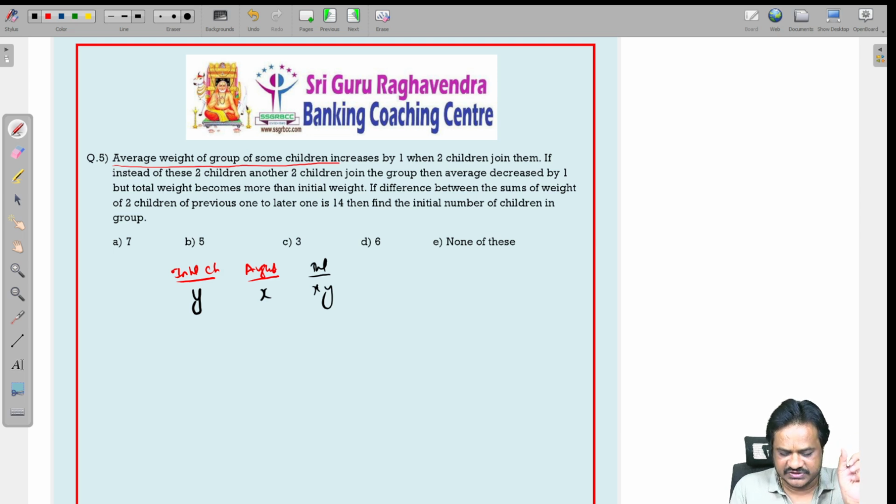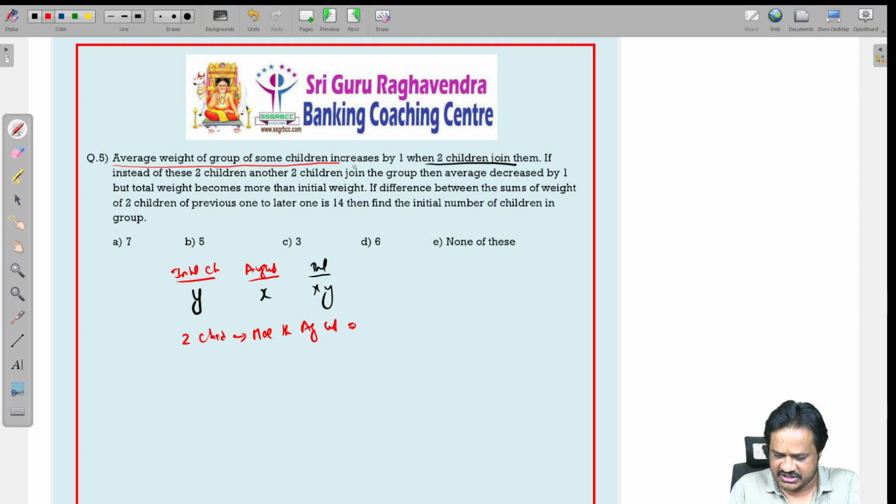Now, here what is given? The average weight is increased by 1 when two children join the group. When the average weight will increase, the two children who are joining should have more than the average weight. Then only the average weight will increase.